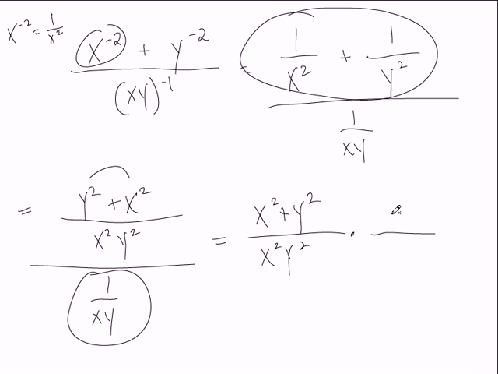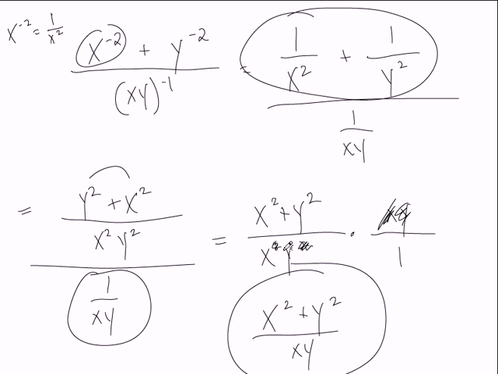Multiplying by the reciprocal. So I multiply by xy. Now look what happens here. One of these x's cancels with one of these. One of these y's cancels with one of these. Look what I have. My final answer would be x squared plus y squared over xy, and that's the answer.